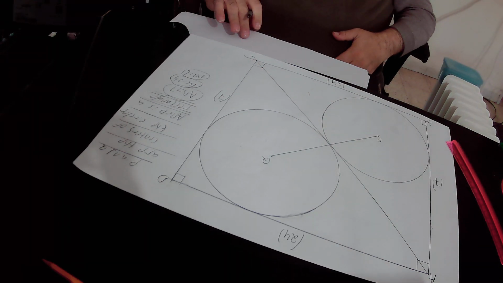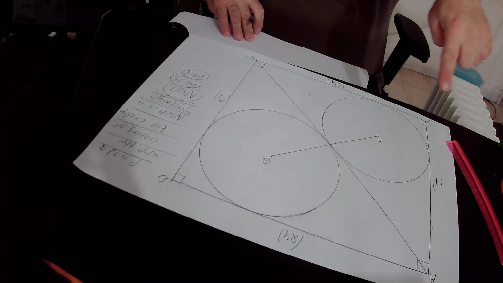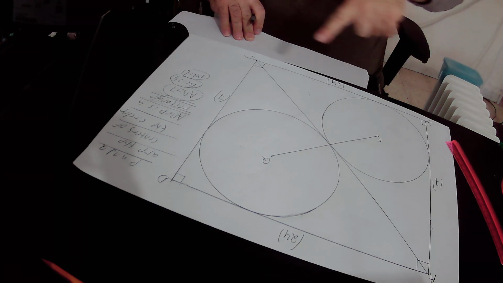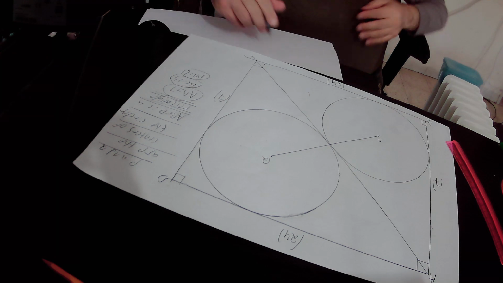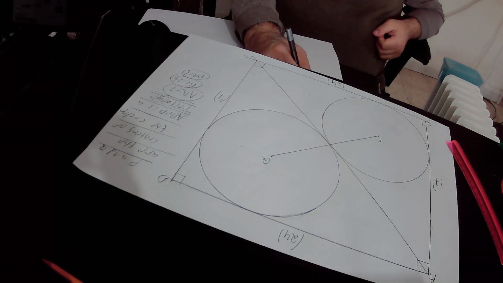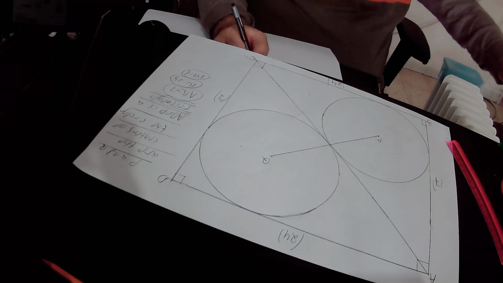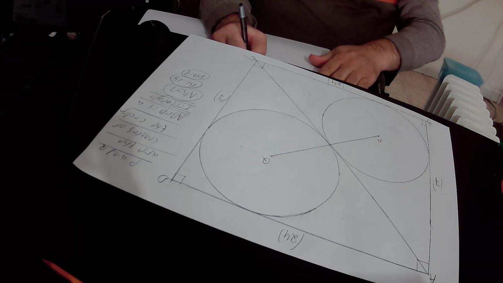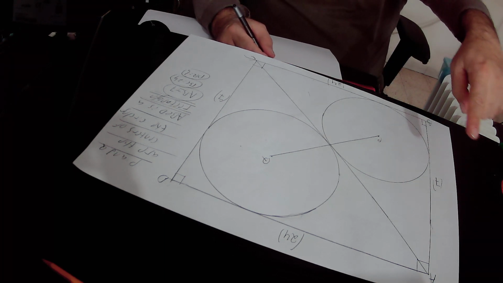In the next step, we will focus on the right triangle ABC, and we will implement the Pythagoras theorem on this right triangle ABC. By PT is a relation for Pythagoras theorem. According to the Pythagoras theorem, in any right triangle, the square of the hypotenuse equals the sum of the squares of the perpendiculars.